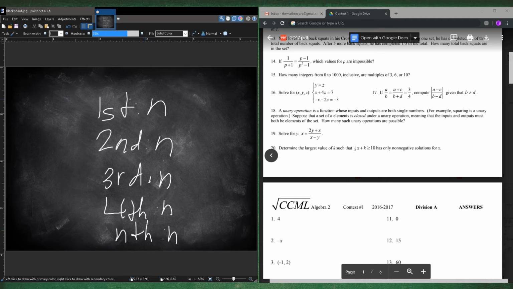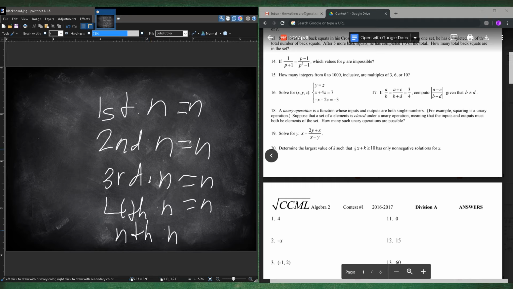So how many outputs are there? We have 1 with n, 2 with n, 3 with n, 4 with n, so it's n to the n. You see the pattern.